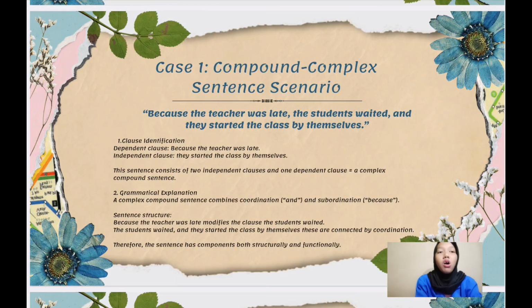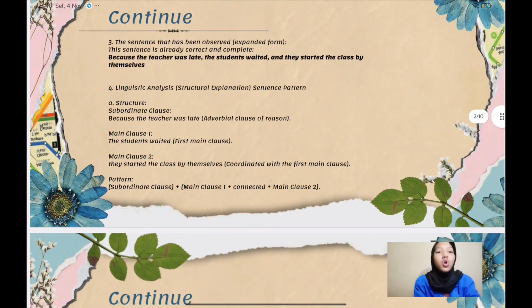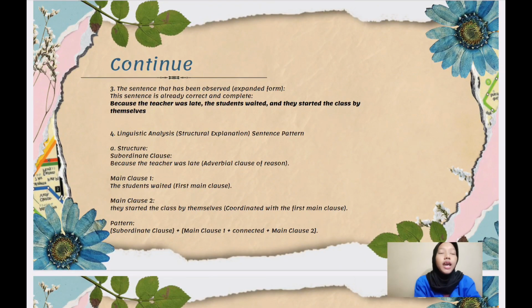The sentence also uses two types of conjunctions: a subordinating conjunction, because, and a coordinating conjunction, and. This combination shows cause, sequence, and coordination between ideas. It describes how the students acted logically after the teacher's delay.